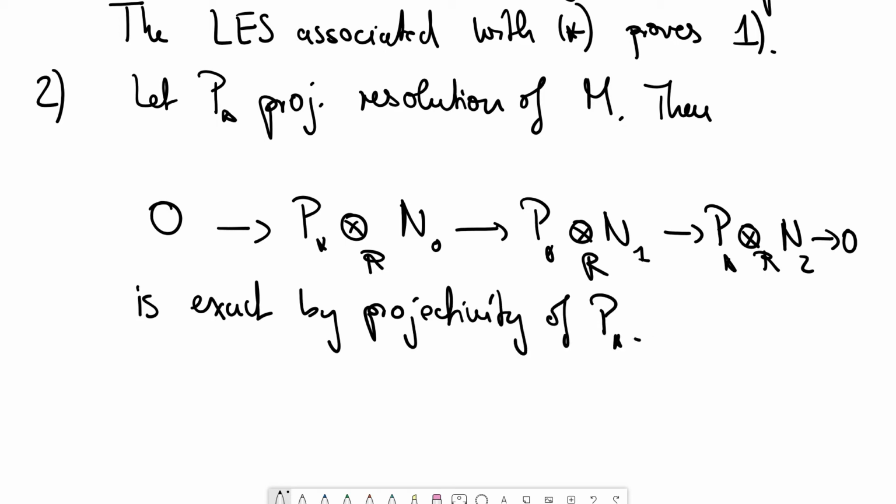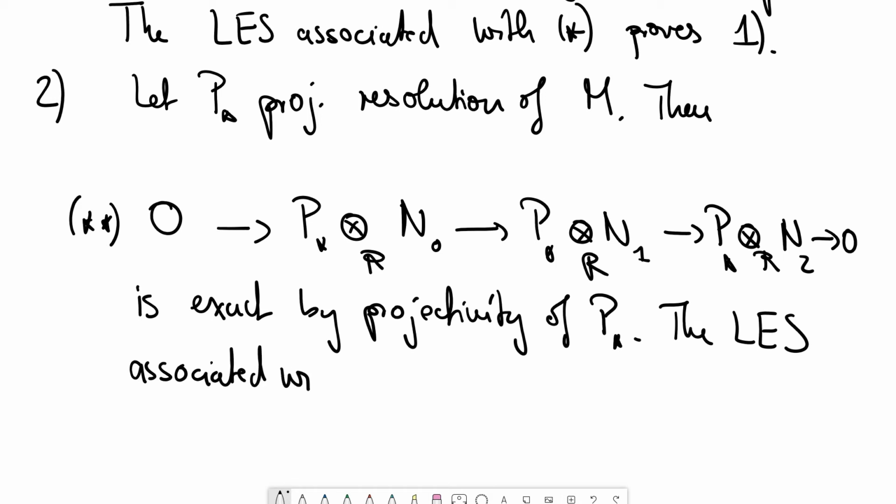And now the long exact sequence in homology associated with star star yields statement 2.